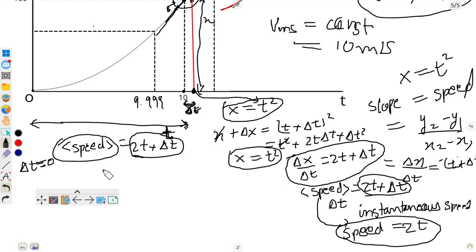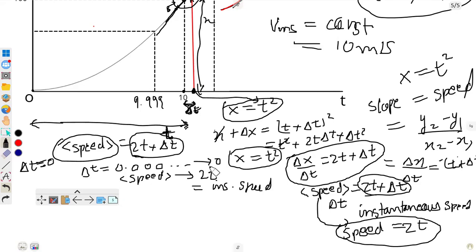And हमें best possible approximation चाहिए। डेल्टा t को अगर मैं 0.0000 and so on इतना छोटा बना दूं, तो हमारी जो average speed आएगी ना, वो जैसे ही डेल्टा t को मैं zero के करीब ले जाऊं, as it tends to zero, हमारी जो speed आएगी, what will it tend to? It will tend to 2t, which is actually our instantaneous speed.